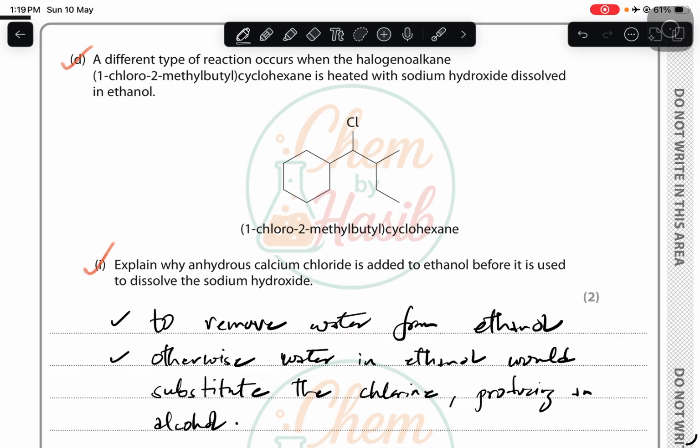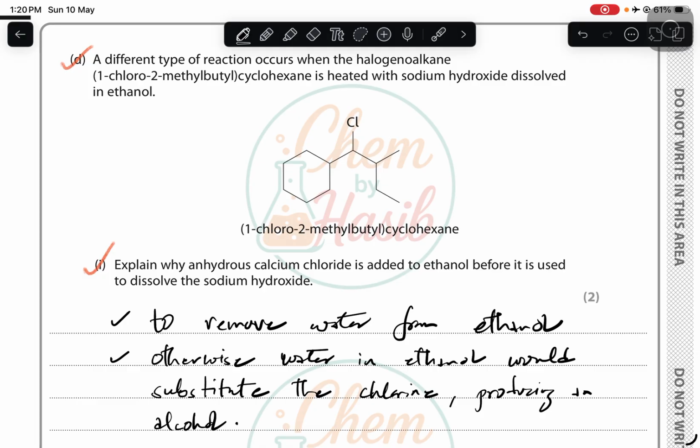If you react with sodium hydroxide dissolved in ethanol, this reaction results in an elimination reaction. Elimination reaction will always produce what? Elimination reaction will always produce alkenes. We want to produce an alkene here. We don't want to produce an alcohol. Now, if you forget to dry the ethanol, now what is going to happen?